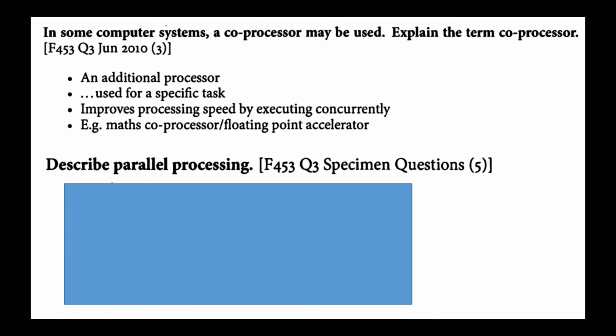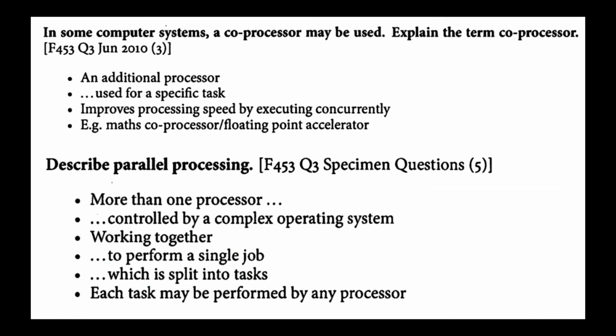I'm surprised that graphics card isn't on there, a graphics coprocessor. So just remember, do the maths coprocessor. So parallel processing is more than one processor controlled by a complex operating system, working together to perform a single job, which is split into tasks. Each task may be performed by any processor.